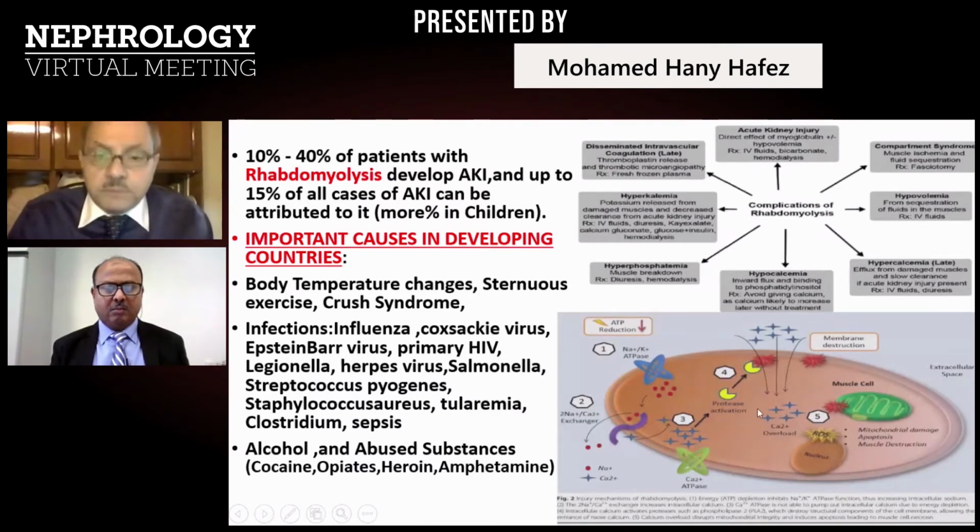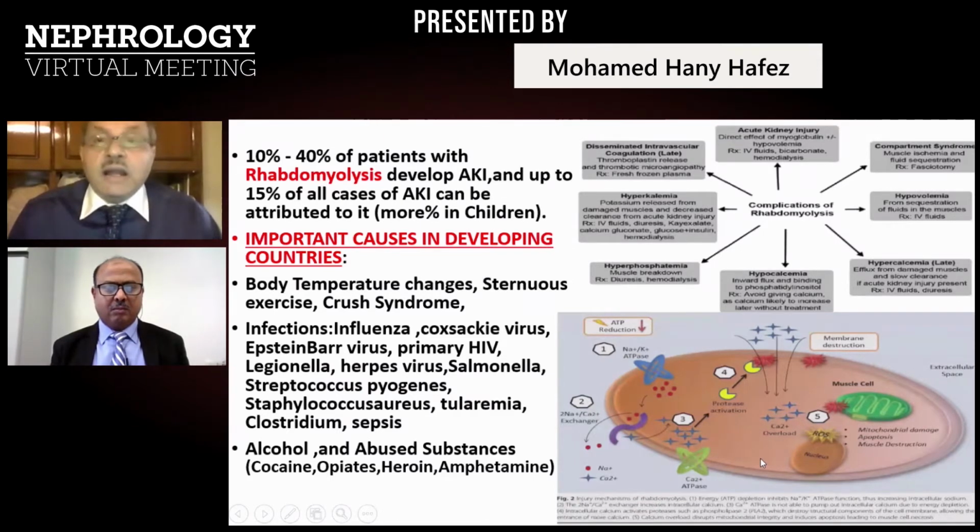You see here, the ATP reduction and the sodium potassium ATPase destruction will lead to more influx of calcium inside the muscle cell, and we get different complications. We get hypovolemia, compartment syndrome, hyperkalemia, hyperphosphatemia, hypercalcemia, and up to disseminated intravascular coagulation.